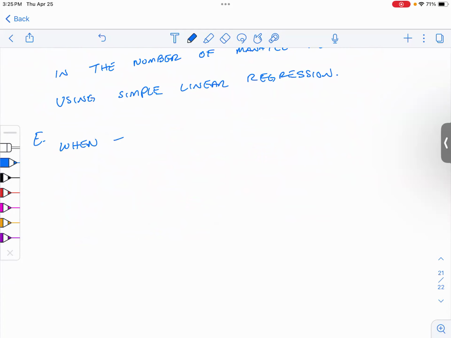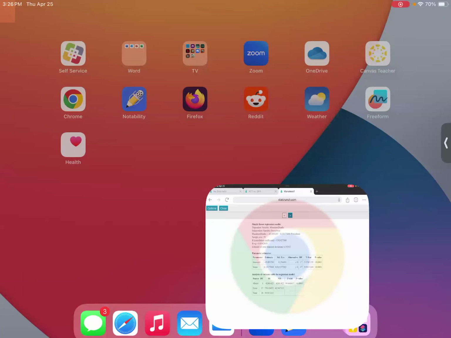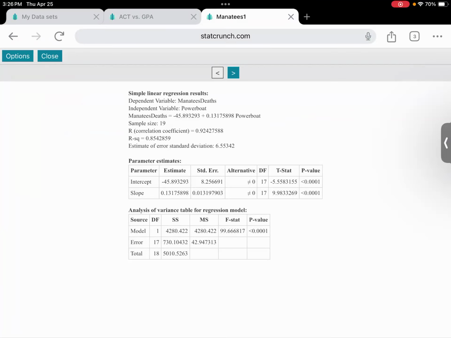So in context, when there are no powerboats registered, so when there are no powerboats registered at X equals 0, the estimated expected number of manatee deaths is, and then we pull the intercept coefficient, that number.